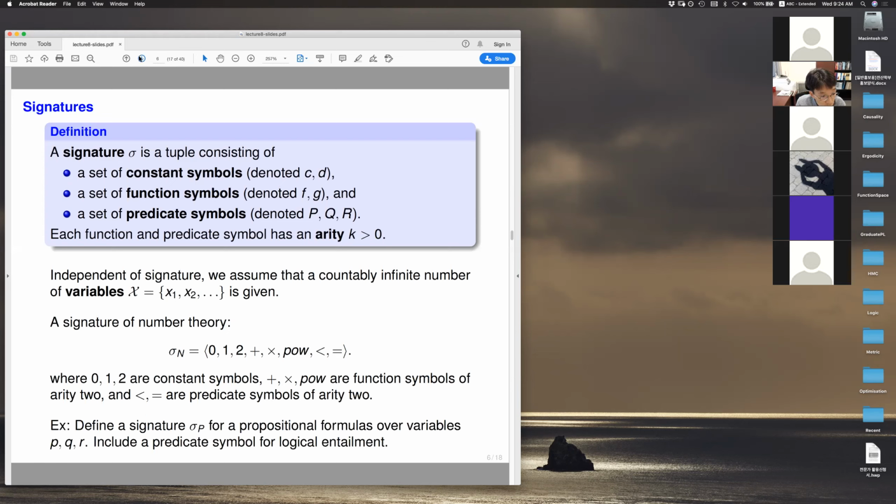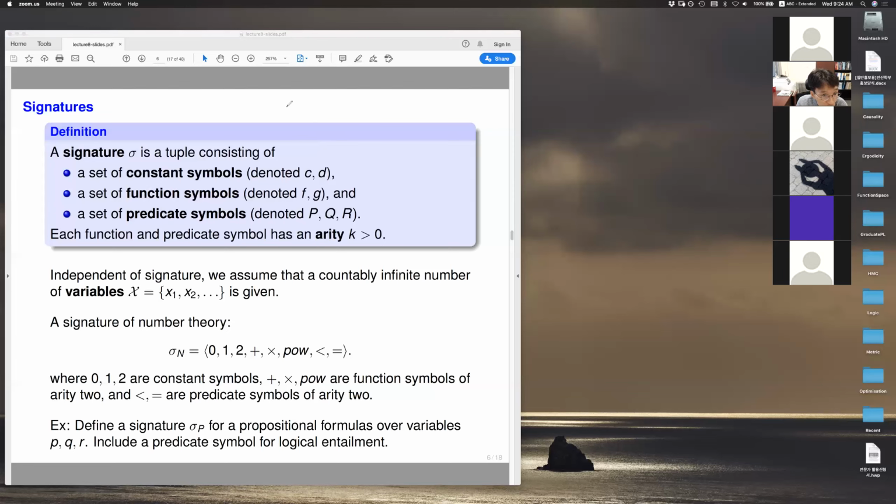So here I want you to do something. Here's one exercise. I will give you maybe 2 minutes to think about it. Define a signature for propositional formulas, for propositional formulas over propositional variables P, Q, R. This might confuse you a little bit. You think that propositional logic is about properties, but what I'm really talking about is that the choice of objects can be more high level, or meta.